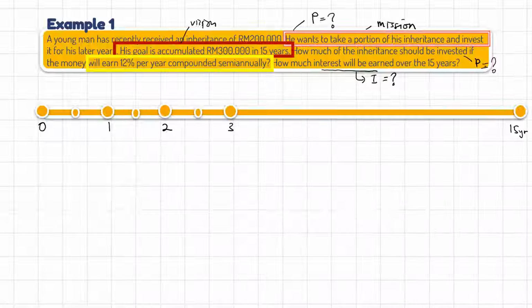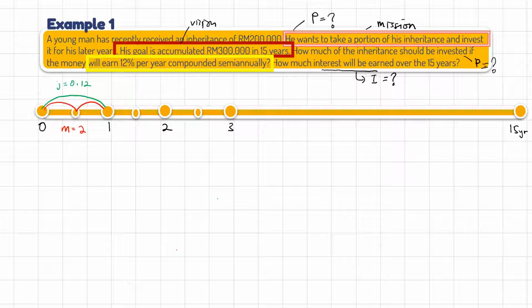So here we can portray on the timeline from 0 to 1 year, J equals 0.12 and it is compounded semi-annually. So it will be like this, which portrays M equals 2.